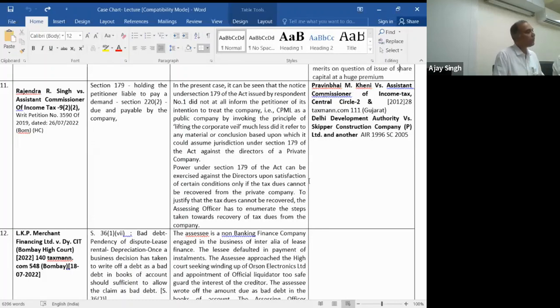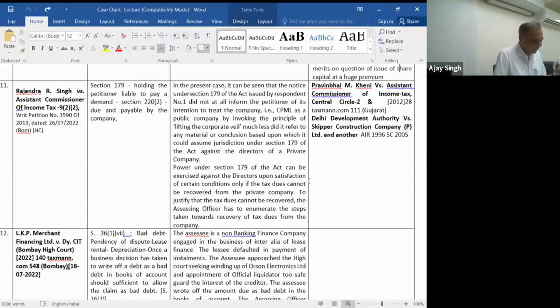All that has not been shared with them, and it was never put up before the assessee. And obviously, the other point I explained, that the requirement of Section 179 was not satisfied. It was not coming out from the orders what steps had been taken by the department to recover it from the company, how much tax they are able to recover, or what is the shortfall, and why they want to proceed against the director.